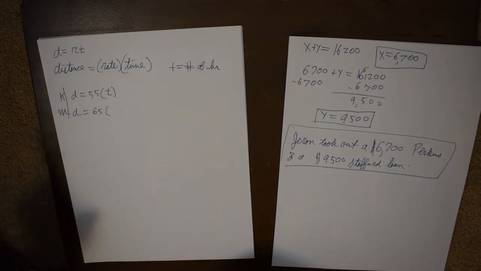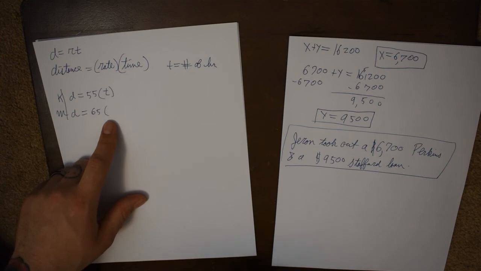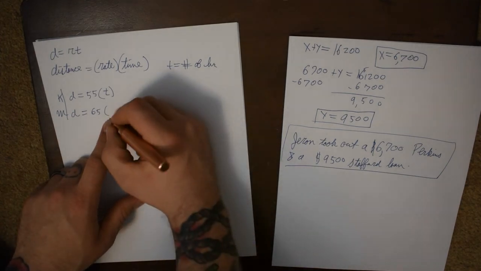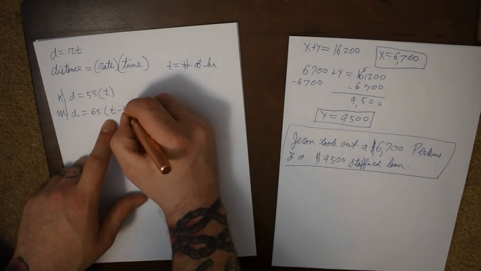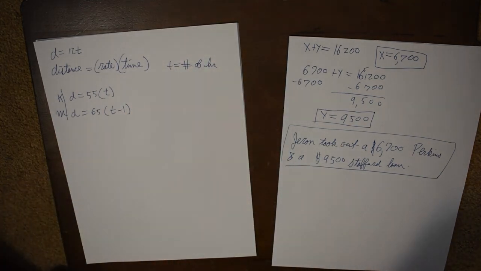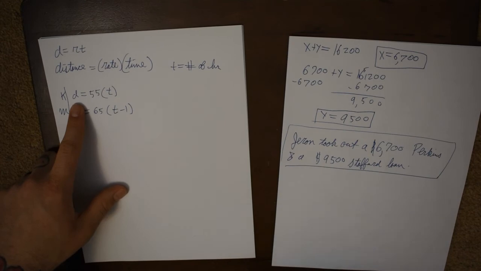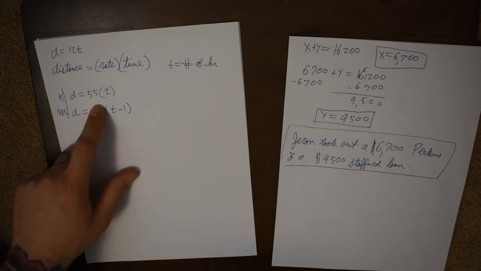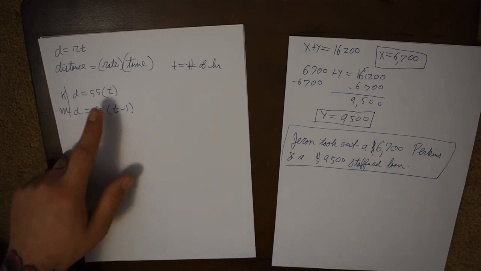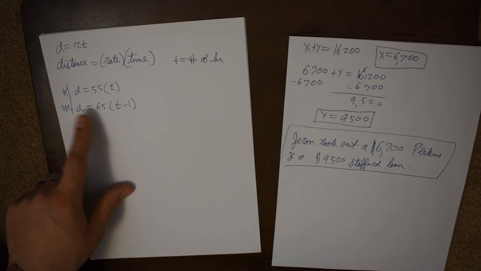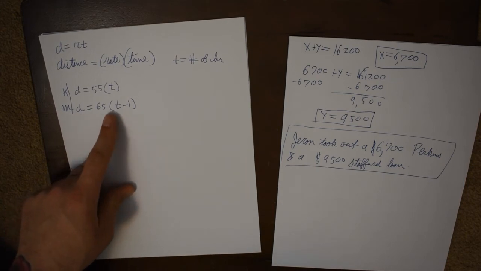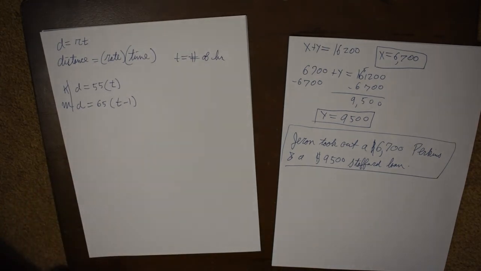So the length of time that Matt has been driving is going to be T minus 1. So we now have these two equations. The distance Carrie drives is equal to 55 times T, and the distance Matt drives is equal to 65 times T minus 1.